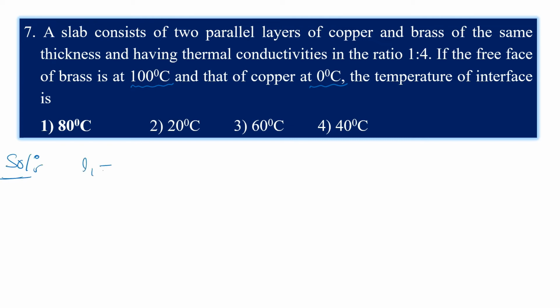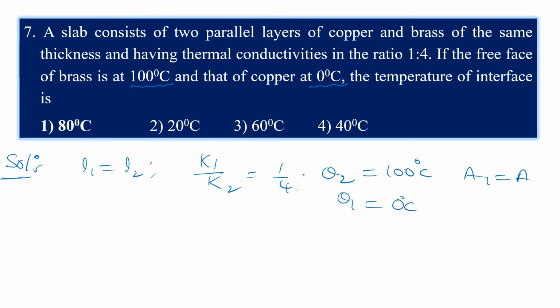L1 is equal to L2, K1 by K2 is equal to 1 by 4, theta 2 is given as 100 degrees centigrade, and theta 1 is given as 0 degrees centigrade. A1 is equal to A2. Junction temperature we have to calculate.